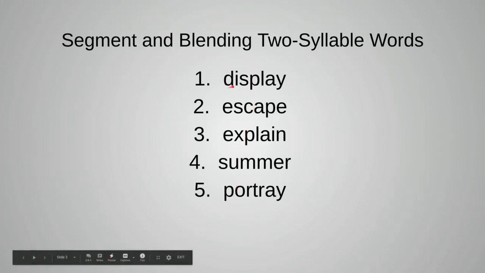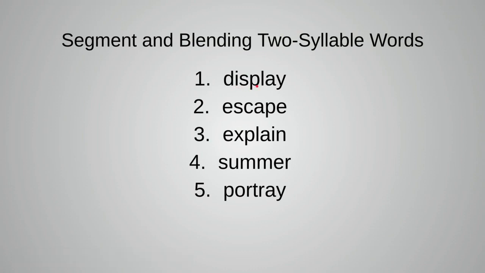So we have d, i, s, p, l, a. And then we can put it together. D, i, s, dis, p, l, a, play, display. Okay, now that I did one, I want you to do the next one with me.